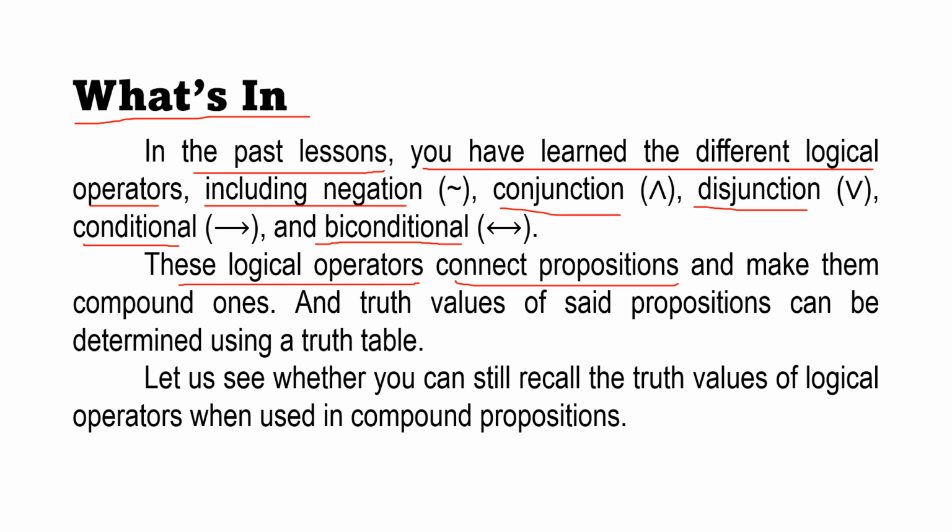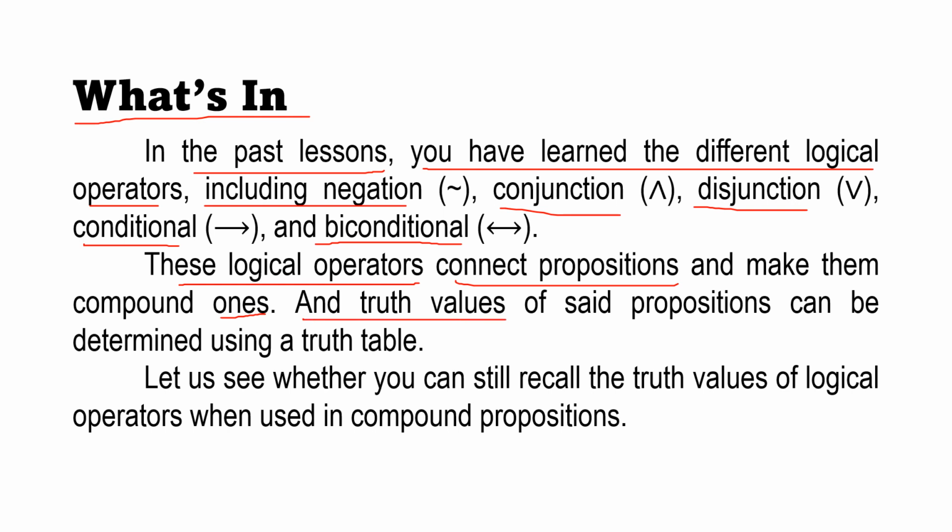If there are two or more simple propositions, then we use logical connectors, or connectives, that will be your negation, conjunction, disjunction, conditional, and biconditional, to combine two or more simple propositions and make them compound ones.